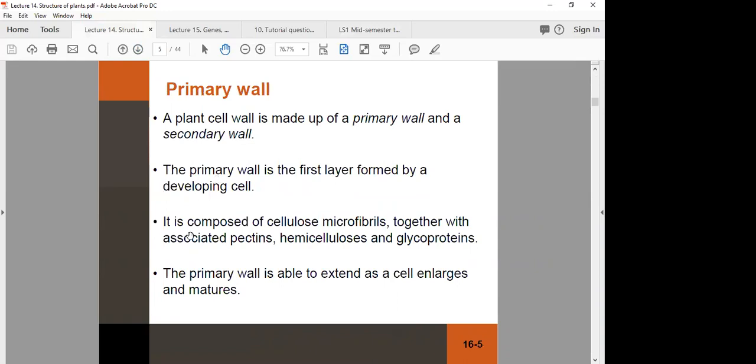And we saw last week that it's composed of cellulose microfibrils together with pectin molecules, other polysaccharides called hemicelluloses, and there's a few different types of those, and also various proteins. The primary cell wall is quite thin and it's quite flexible, which means that it can extend as a cell enlarges and matures.